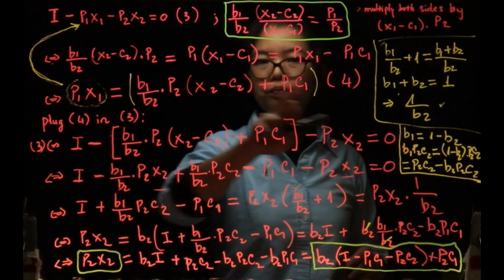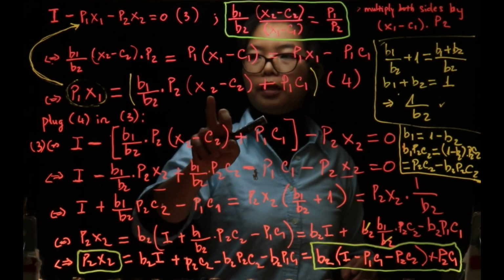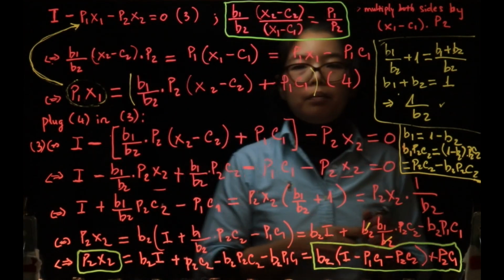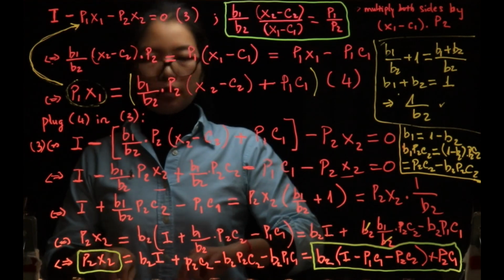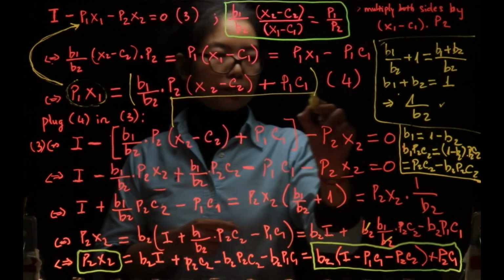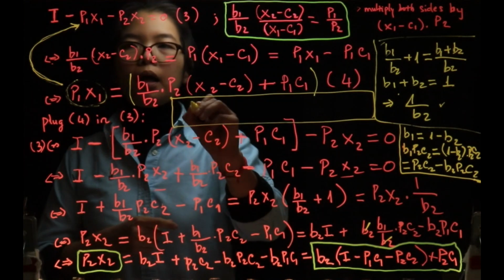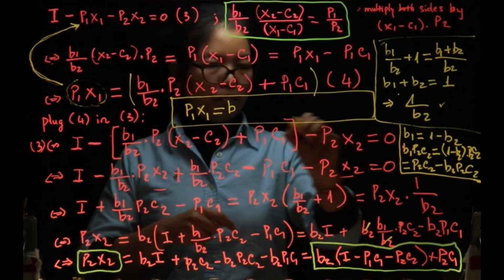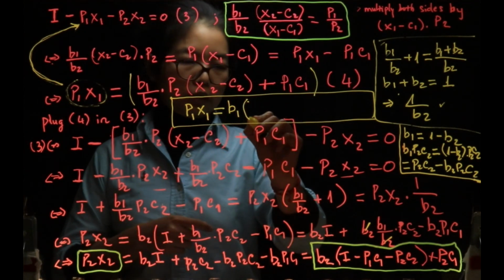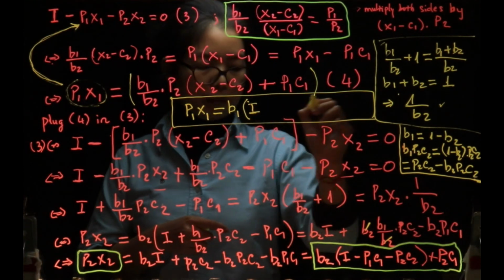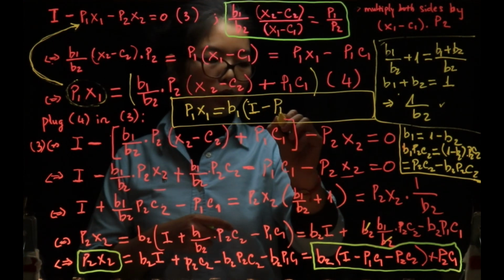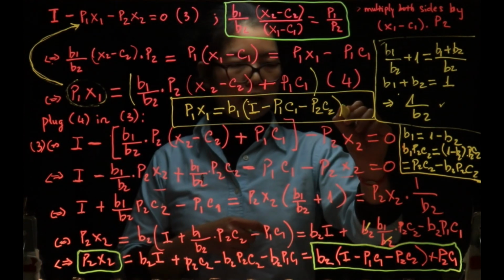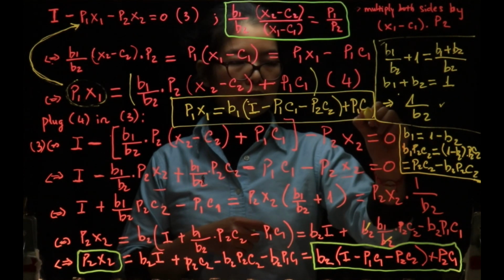So you have p2 x2, sorry, you substitute x2 in here or back into the budget constraint, and then you derive a little bit for a while, but at the end you will get, I open another box again, p1 x1 will equal b1 times, I take it slowly so that I don't make mistakes, (I minus p1 c1 minus p2 c2), close the bracket, and then plus p1 c1.